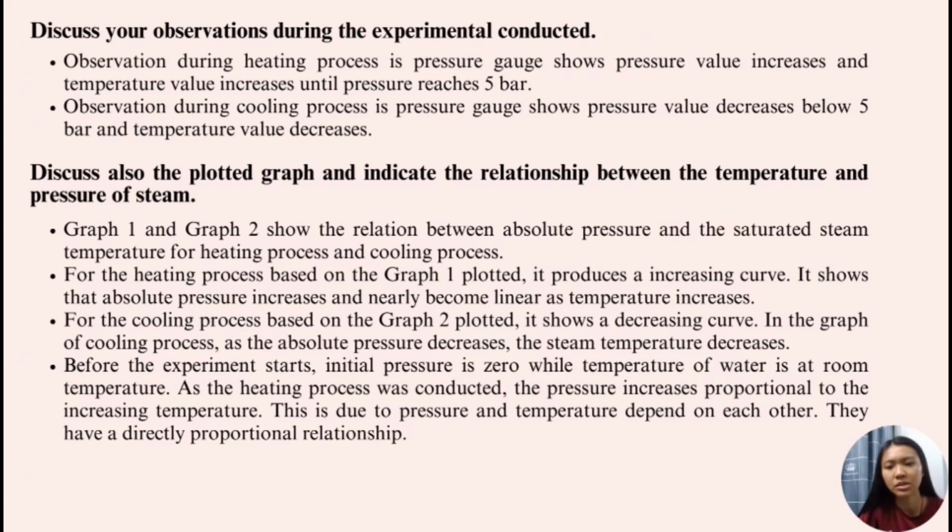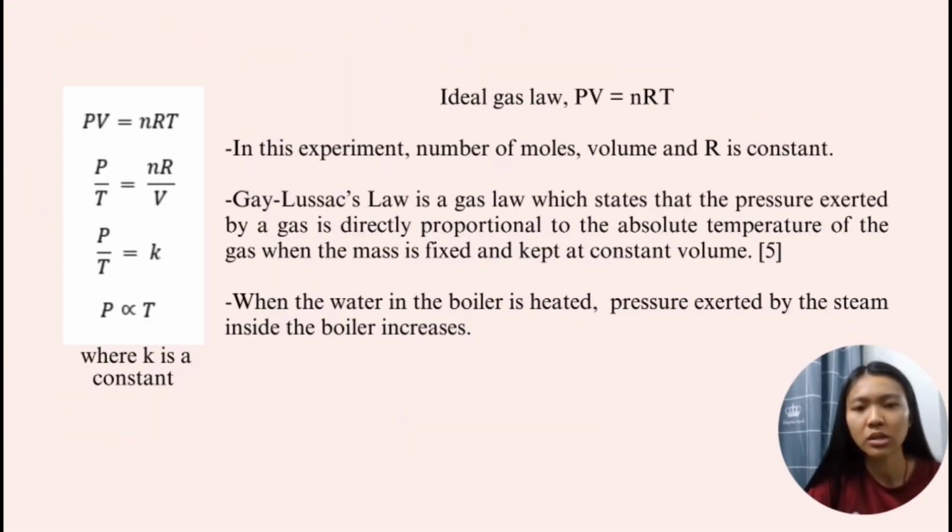Before the experiment starts, initial pressure is zero while the temperature of the water is at room temperature. As the heating process was conducted, the pressure increased proportional to the increasing temperature. This is due to pressure and temperature depending on each other. They have a directly proportional relationship. Ideal gas law, PV equals nRT.